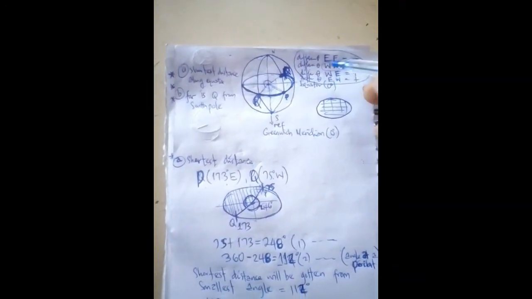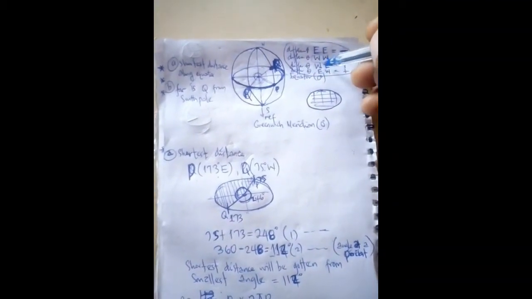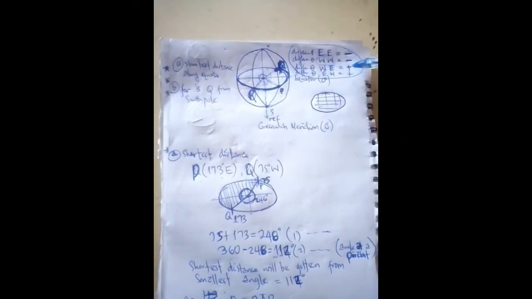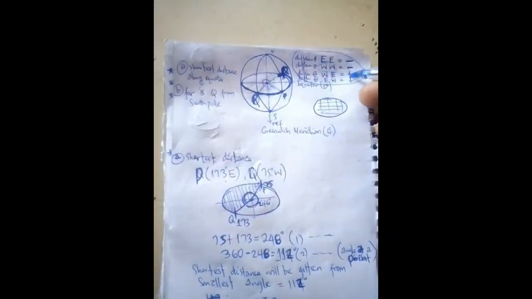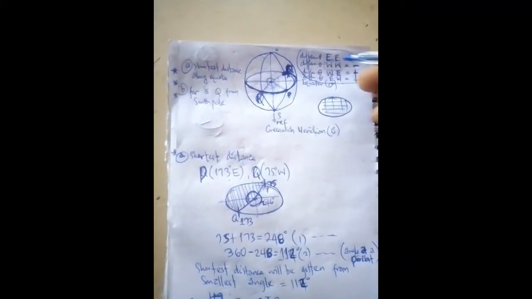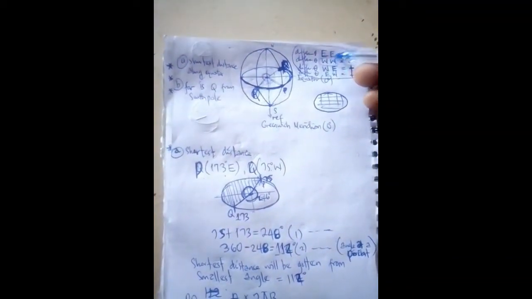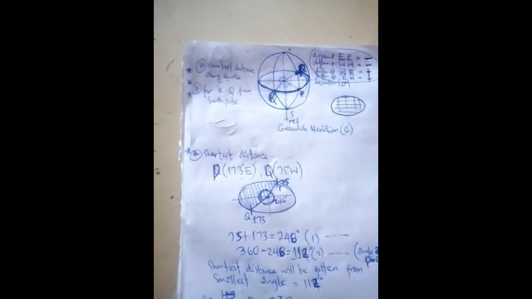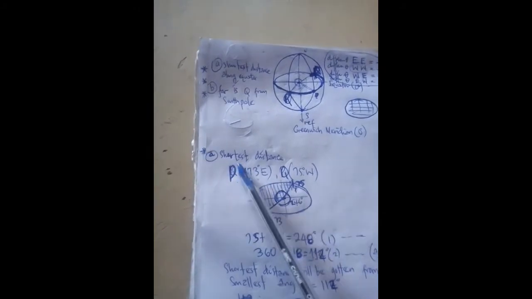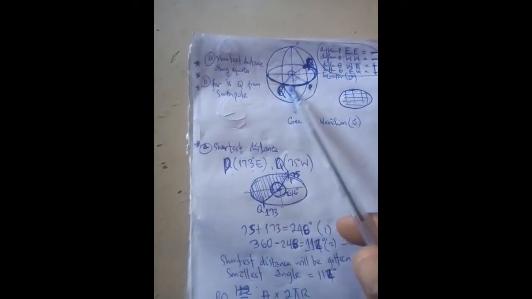But the difference between two positions in two different directions, you add. West east, you add. East west, the difference you add. Whereas the difference between two east, you what? You subtract. Understand? You'll get to understand that as we do our calculations. So now we are looking at the shortest distance between P and Q.